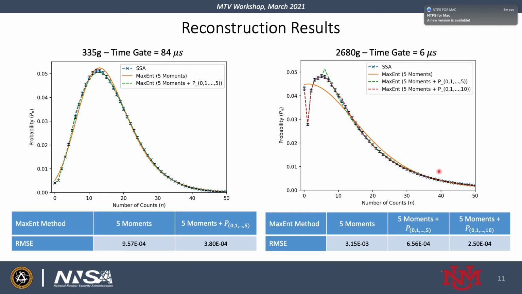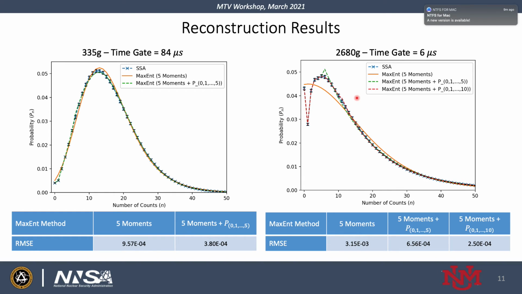Comparing the computation time between the SSA and the maximum entropy method, for the 335 gram case, SSA took 149 seconds. The maximum entropy, on the other hand, took 0.01 seconds for the moments only and 1.21 seconds for moments and the first 6 points. So you can already see that's a big difference there.